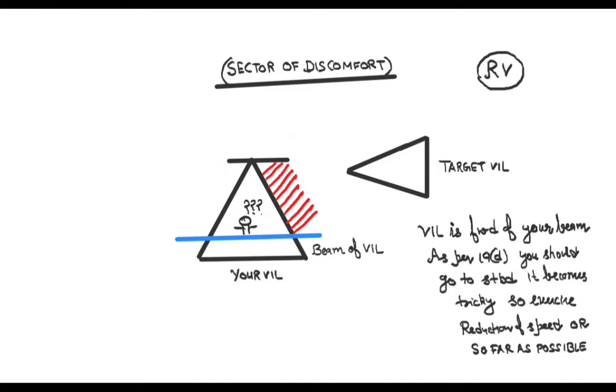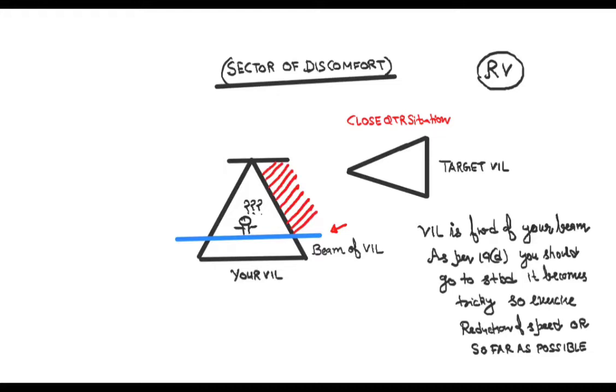This is a very, very close quarter situation, and it is very, very close to you. Obviously this vessel is forward of your beam because this is your beam, right? Your bridge wing is the beam of the vessel. So you're standing on the wings of the vessel and you're thinking what to do with the vessel which is on your starboard side.